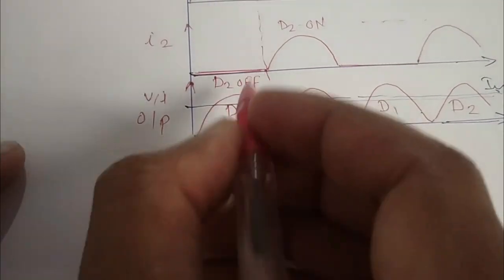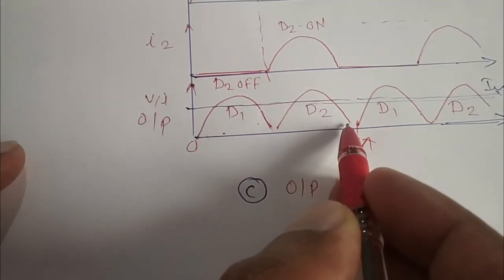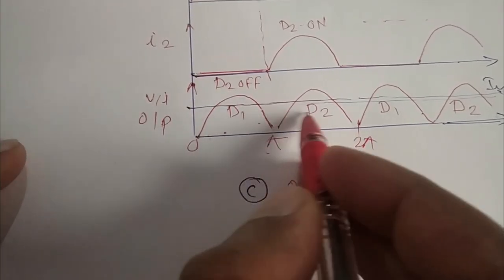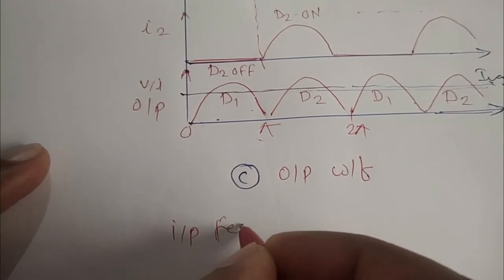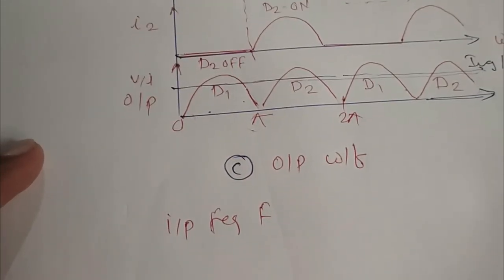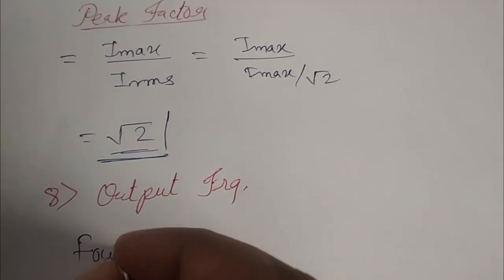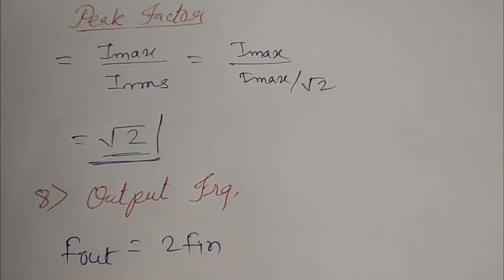What is happening here? From 0 to 2 pi, the frequency is doubled. We are getting double the signals, double the output. So if input frequency is F, output frequency will be 2F. So F out will be double of F in. It will be double the input frequency.